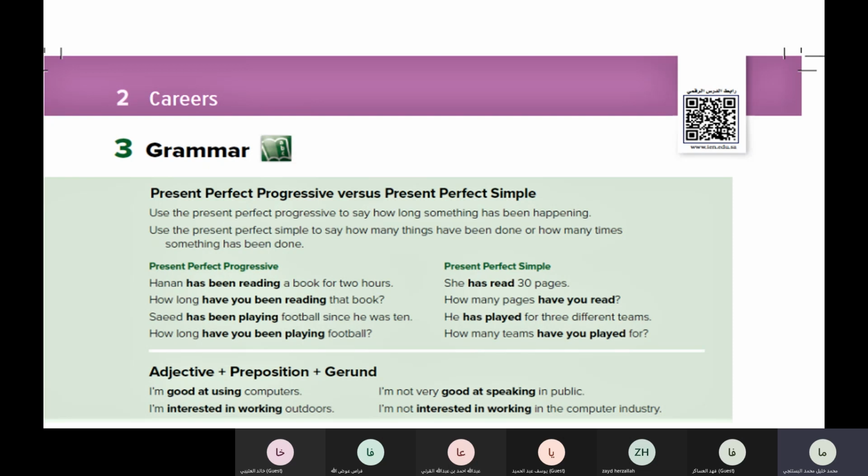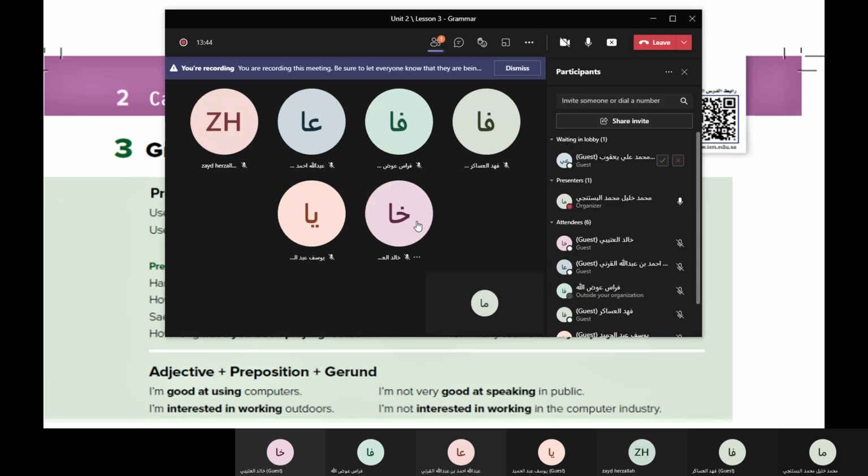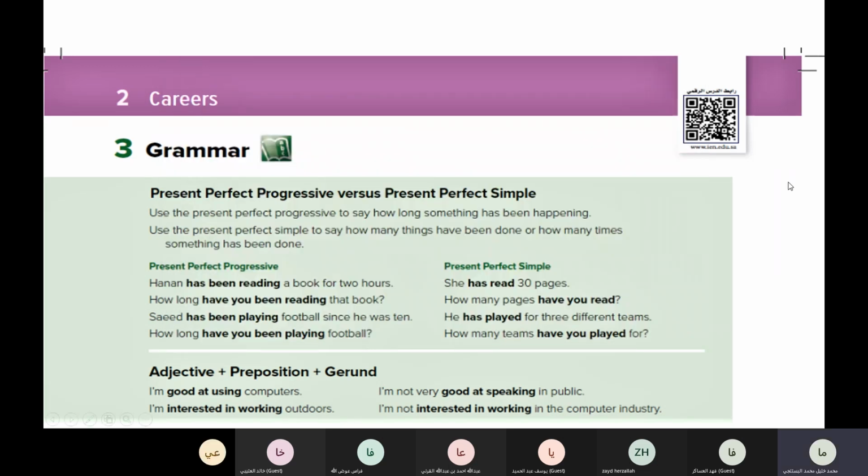Studied, if you want to talk about the past, we use studied. If you want to talk about something that happened in the past, still happening up to now, you will say, I have studied.